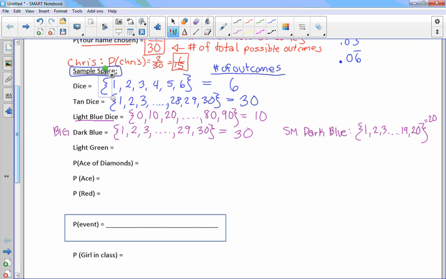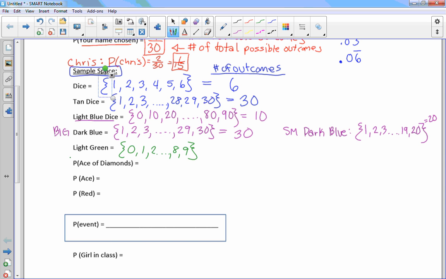Or that was different. There was the light green. I think we have a dark green. Are those the same? I think they're different. That's a dark green, I think. This is the light green. Okay, light green, what's your sample space? 0, then counting by ones, all the way up to 9.